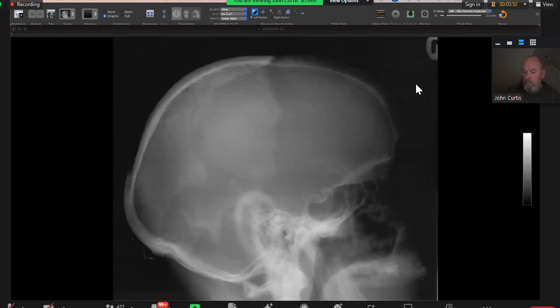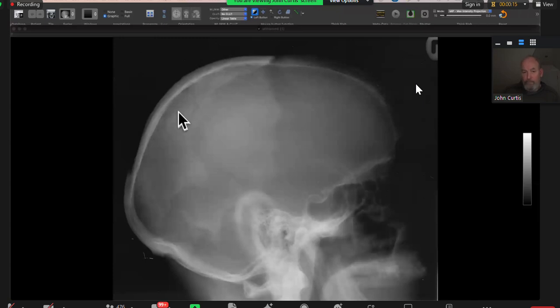With slight increased density noted along the lower aspect of the face, the mandible and the maxilla. So this could be a case of... it's lucent, and you've got a well-defined demarcation between that lucency and that lucency, and then a well-defined demarcation between that lucency and that normality.